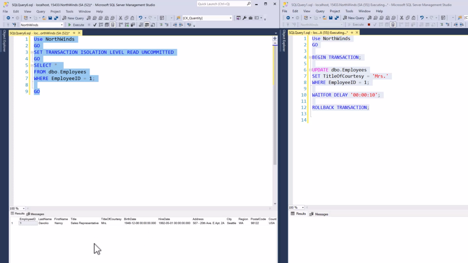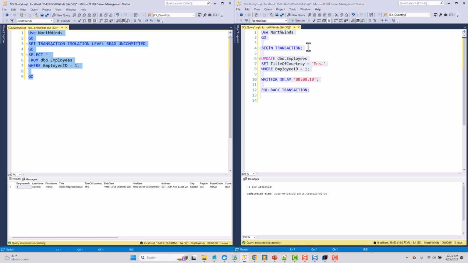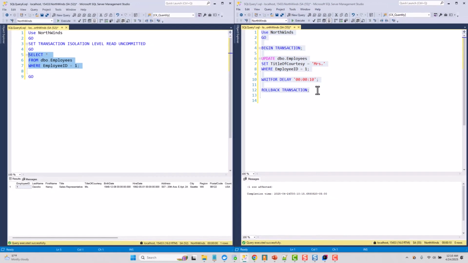It's not waiting, not being blocked, and I'm getting that MRS dot being returned, which is dirty, because if I actually select it again, I should see that it is now back to the MS. So we got dirty data that was not valid. We were seeing it because we were running at read uncommitted, and it was MRS until we rolled it back. So that was a simulation of the dirty read.